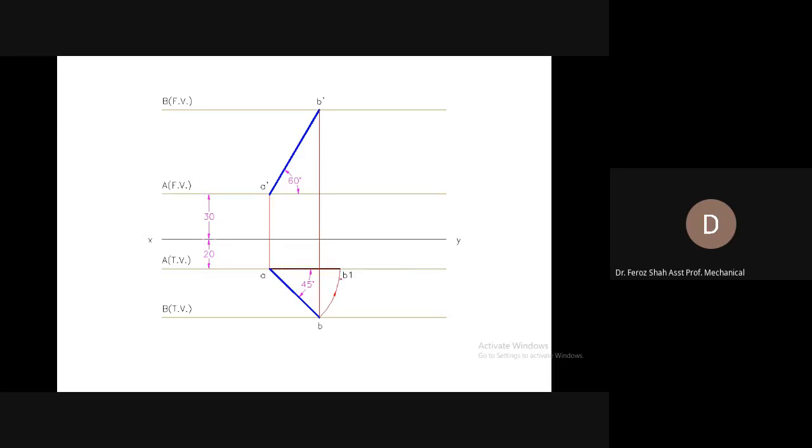If you make the top view parallel to the XY reference line, then the front view would give us the true length. Likewise, if you make the front view parallel to the XY reference line, then the top view would give the true length.